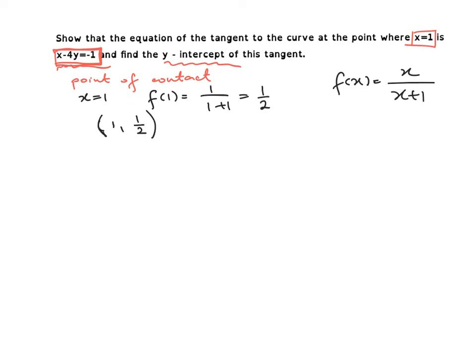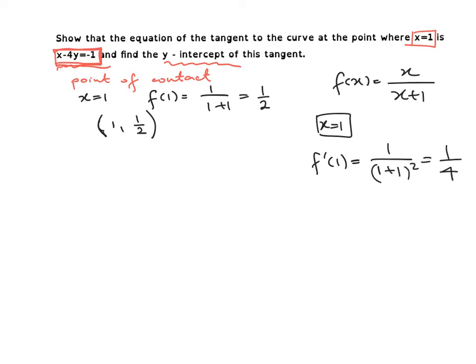So the next thing that we need, now that we have the point of contact, is to find what the slope is equal to when x is equal to 1. So x equal to 1, f dash of 1 is equal to 1 over 1 plus 1 to the power of 2, and is equal to 1/4.